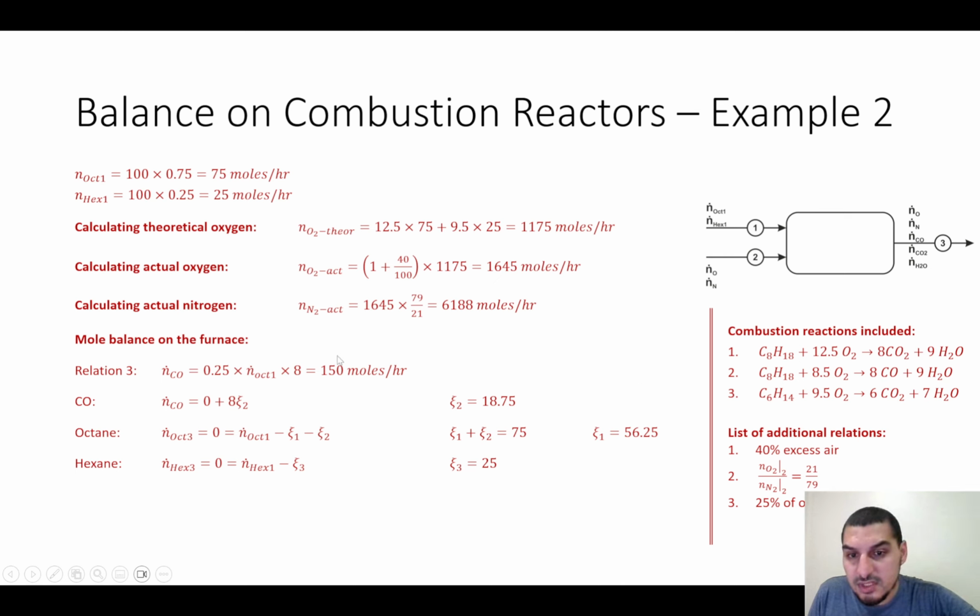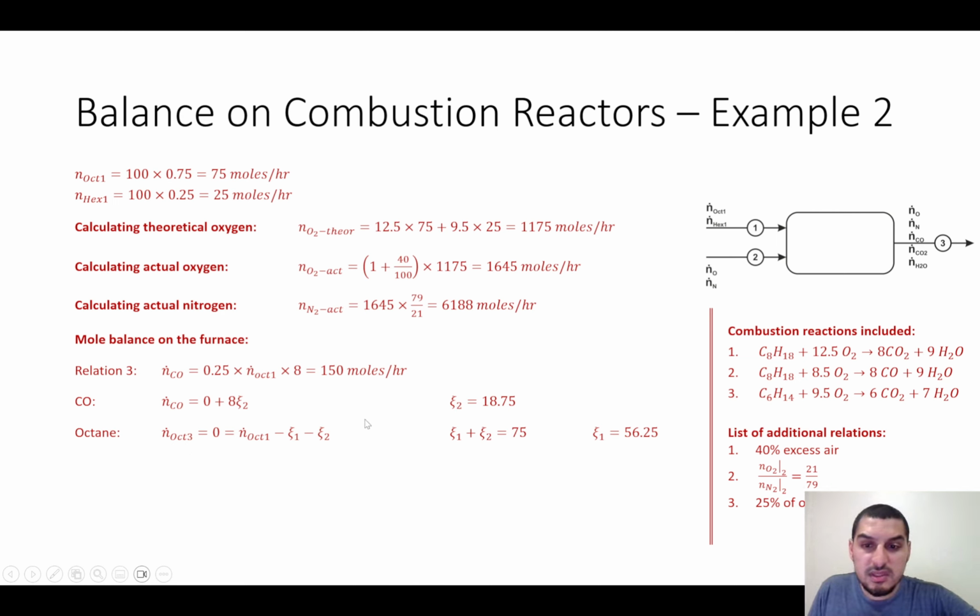So I can calculate the number of moles of carbon monoxide by multiplying the number of moles of octane contributing to the incomplete combustion reaction multiplied by the ratio of number of moles of octane to number of moles of carbon monoxide. So this will give us the number of moles of carbon monoxide in the product stream. And from this and the balance on carbon monoxide, we can find the value of Xy2. So this is how we got this value of Xy2.